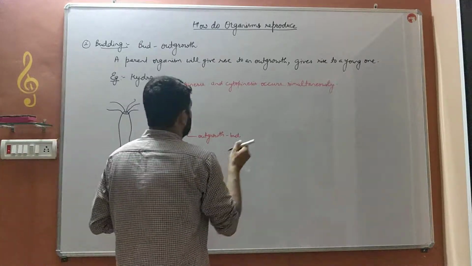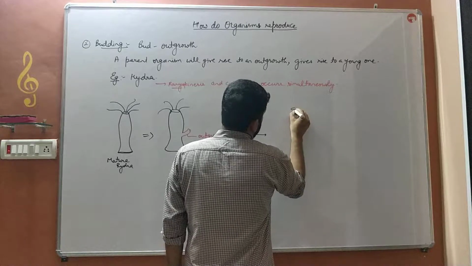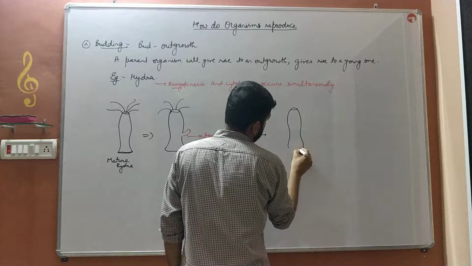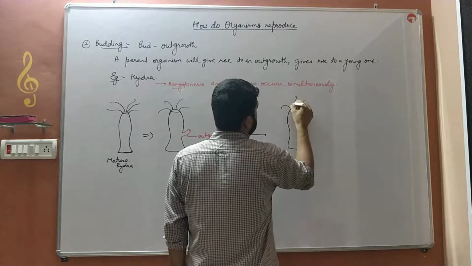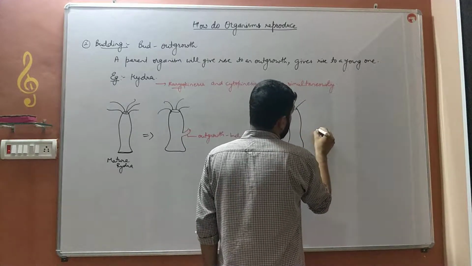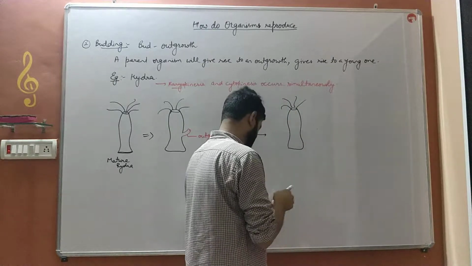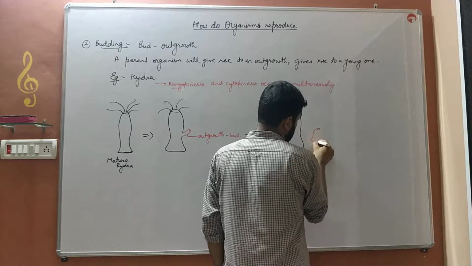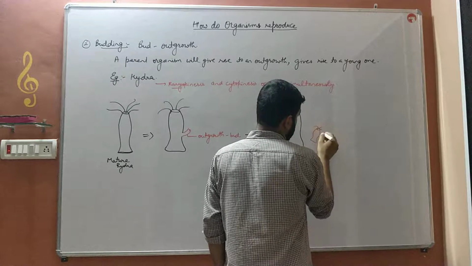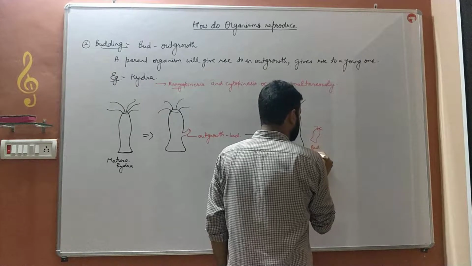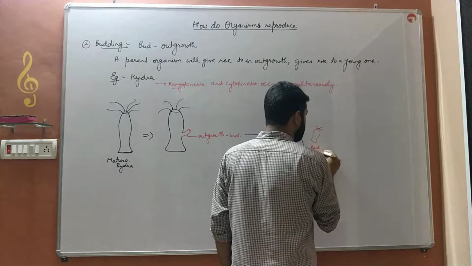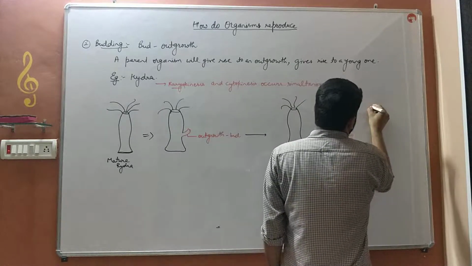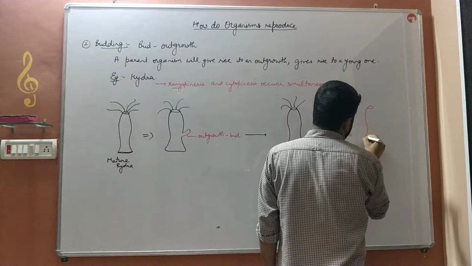Then this bud gets detached from the parent. These are tentacles, bache. This bud will get detached, like this. So this is the detachment of the bud, and later on this bud will grow into a complete new hydra.